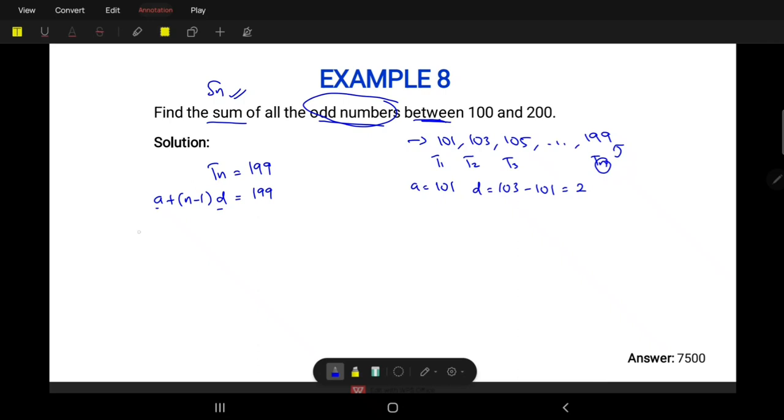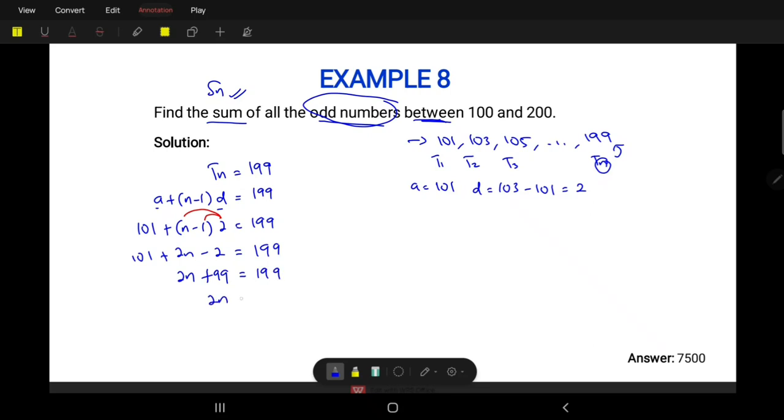So substitute into the formula: 101 plus n, kita tak tahu, D is 2, equals 199. 2 times n, 2 times 1. Expand kan dia. So 101 plus 2n minus 2 equals 199. 2n kekalkan, 101 minus 2, you will get 99, equal to 199.